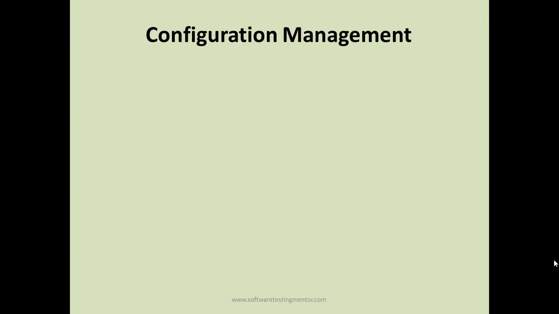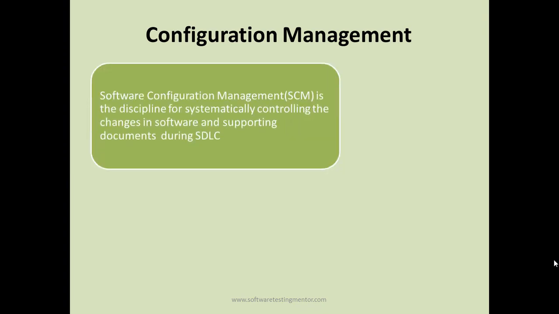So let's get started with understanding what is configuration management. Software configuration management is the discipline for systematically controlling the changes in software and supporting documents during SDLC. So it's a systematic way of controlling the changes in software or any related documents during SDLC.